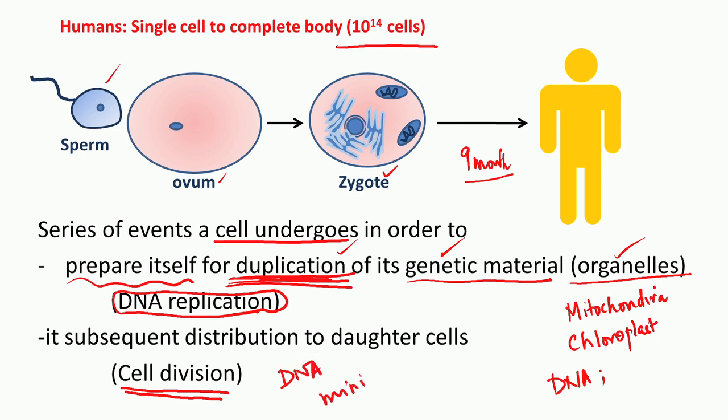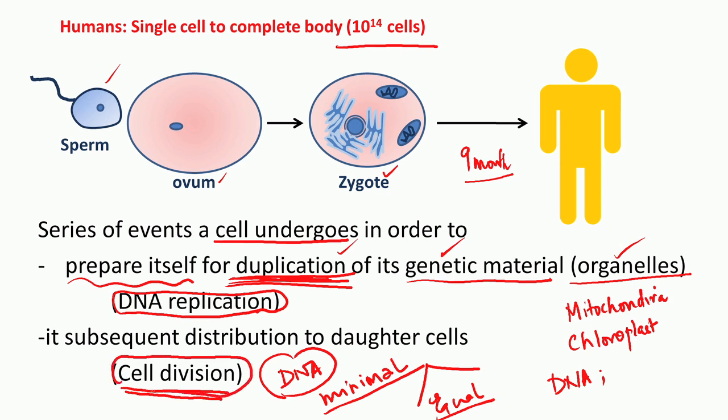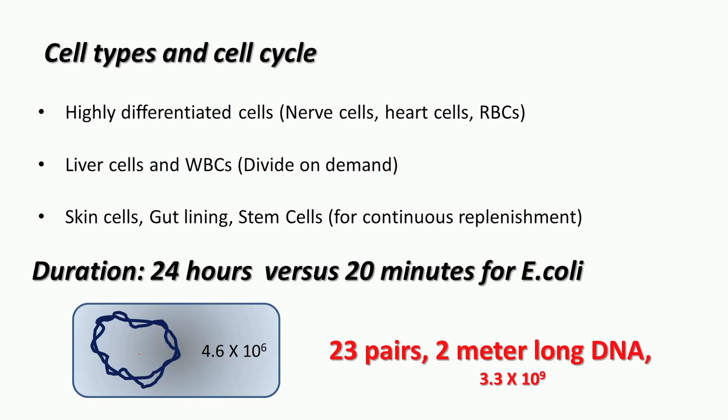It is important to note that in every round of cell cycle, the DNA gets duplicated with minimal errors, and this DNA then gets equally divided into the daughter cells. This division is what you call cell division. So, cell cycle consists of multiple steps, and before I get into the different steps of cell cycle, I just want you to ponder over a few things.